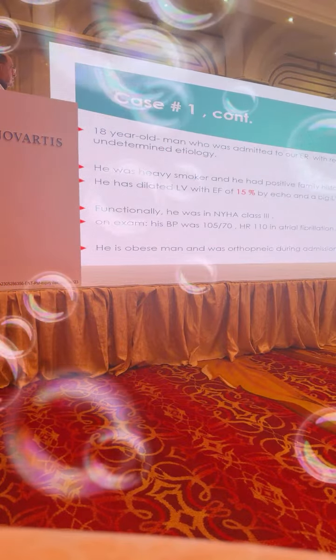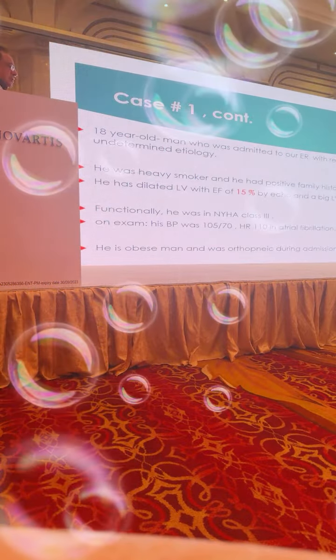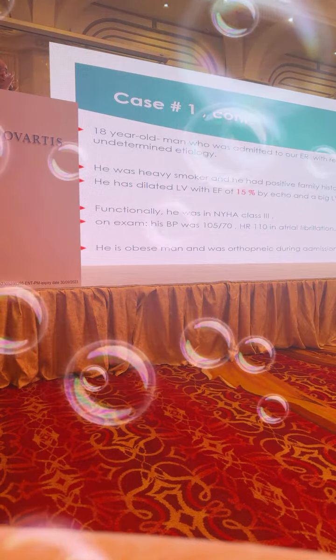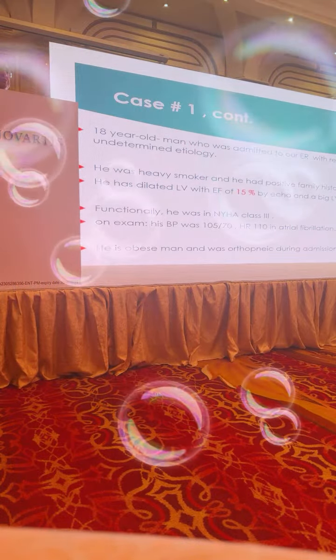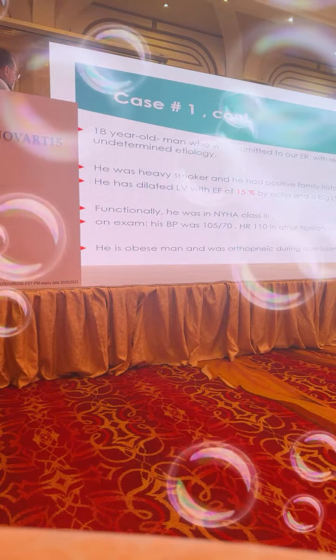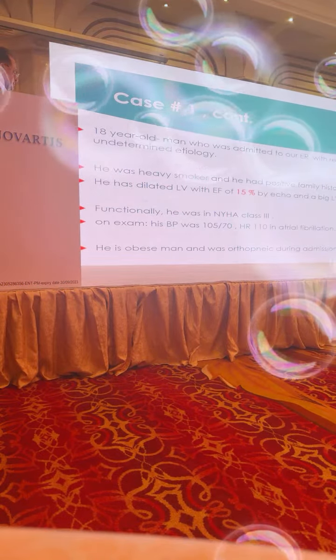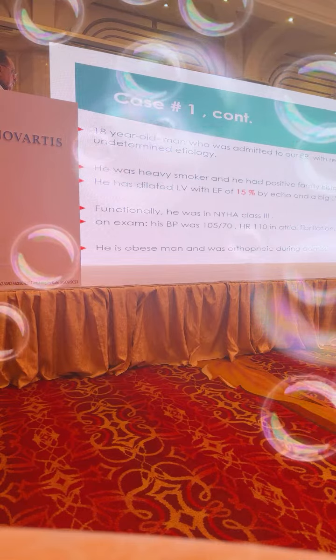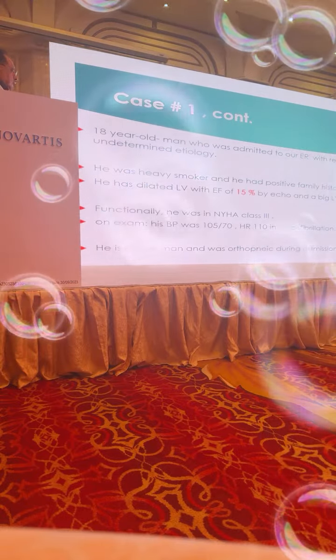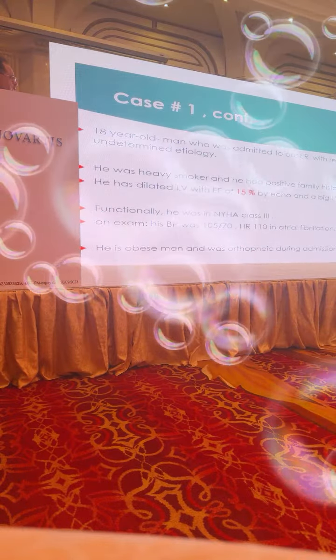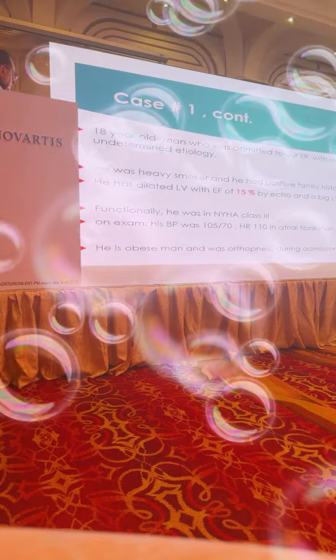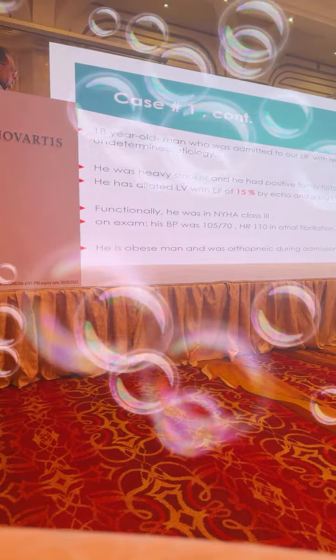Ejection fraction is only 15% by echo with a big LV. I think all cardiologists will see this one. Functionally he is NYHA class 3, blood pressure 105/70, heart rate 110, AFib, saturation normal in room air, patient is obese and orthopneic during admission.